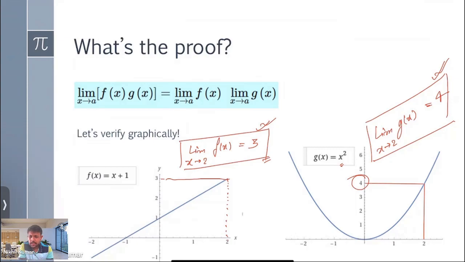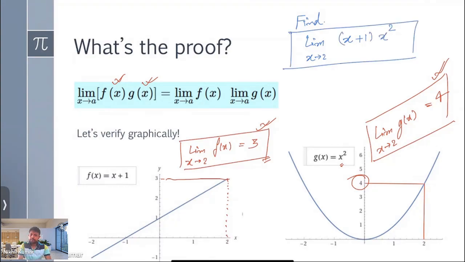Now the property that we just studied says that if I have to find the limit of a function which is a product of f of x and g of x, so if the question is, find the limit as x tends to 2 of a function which looks like this, x plus 1 times x squared, how would you do that?